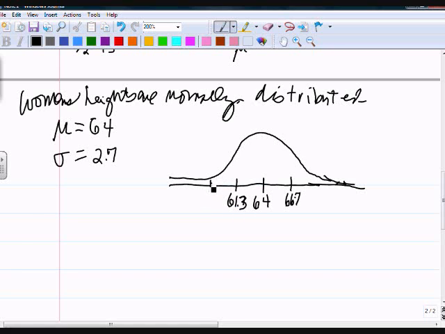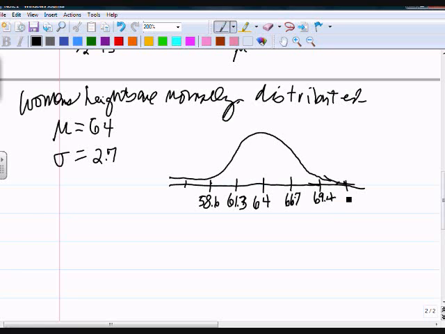All right, let's go out 2 standard deviations above and below the mean. So add another 2.7 to 66.7, and what do you got? Subtract another 2.7 inches from 61.3, and you get. Go out 3 standard deviations.